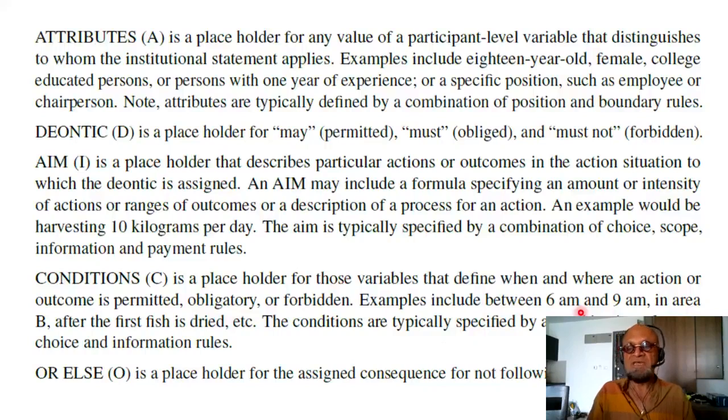Examples include between 6 a.m. and 9 a.m. as the time of a place being open or accessible, in area B where parking is permitted, or after the first fish is dried, as we saw with the example of how salmon season could start after the tribal chief had caught the first salmon and dried it, etc. The conditions are typically specified by a combination of scope, choice, and information rules. We looked at these as well in the last chapter. Or else is a placeholder for the assigned consequence for not following a rule, what may or may not happen.